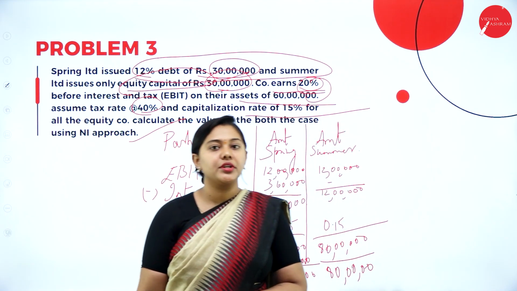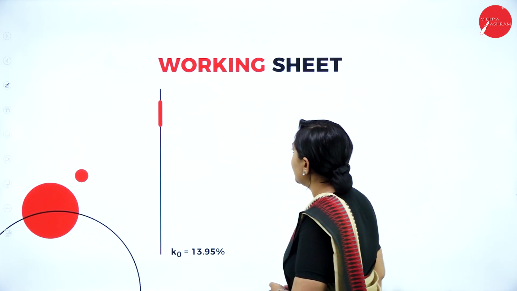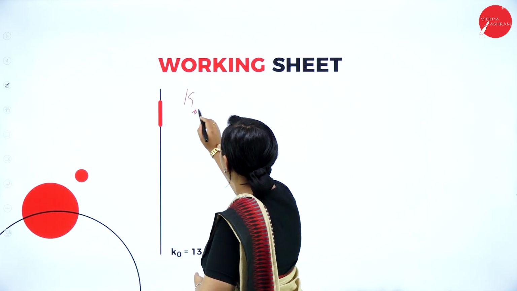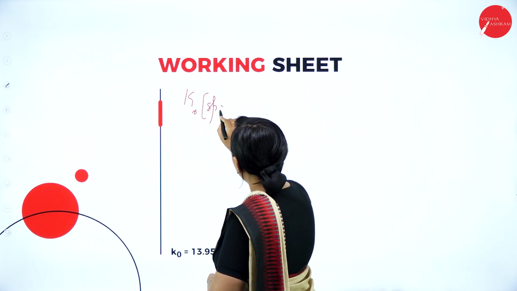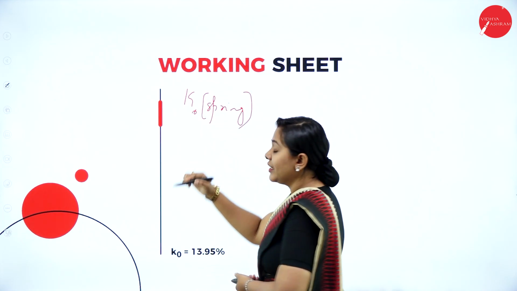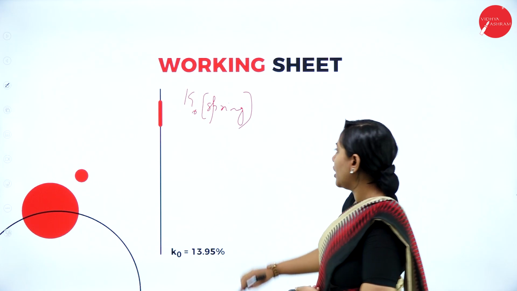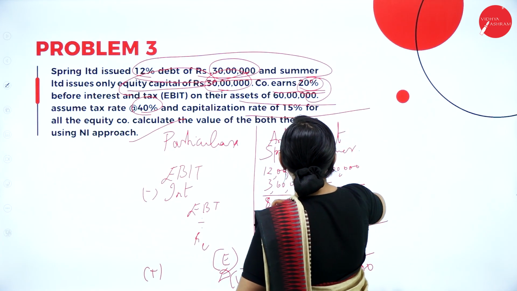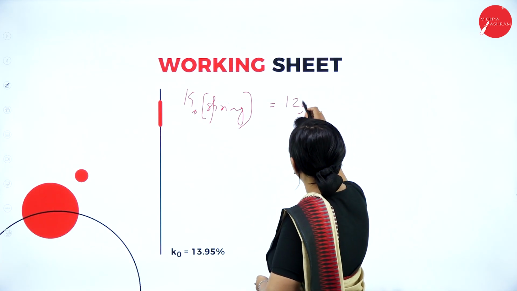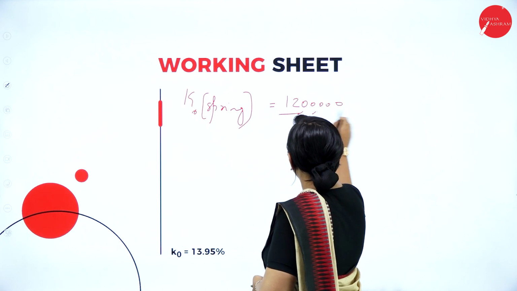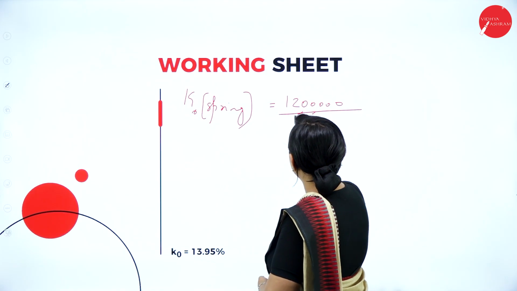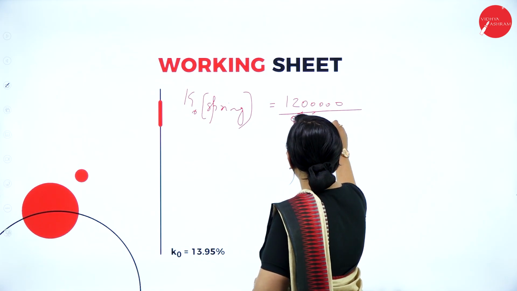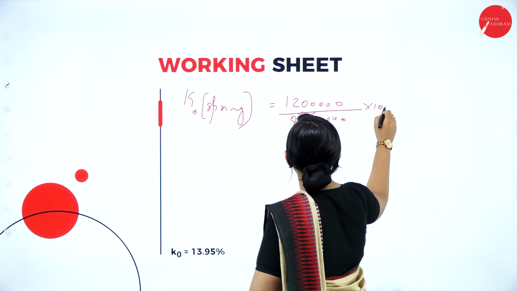So let's substitute in the formula. So calculation of overall cost of capital for the Spring Limited. What is the formula? EBIT divided by value of firm into 100. What is earnings before interest and tax? 12 lakh. Next, 86 lakh into 100.